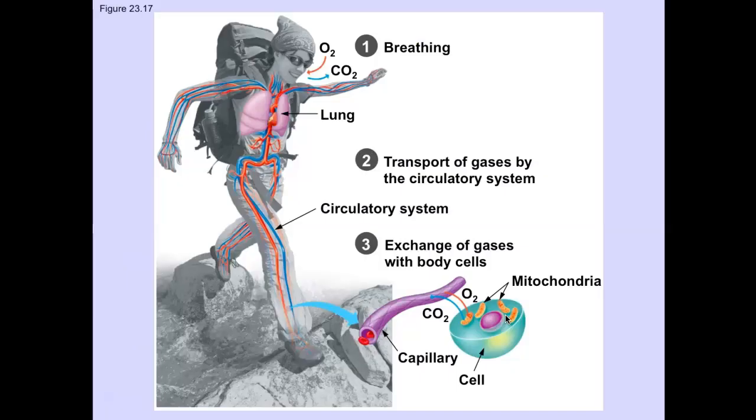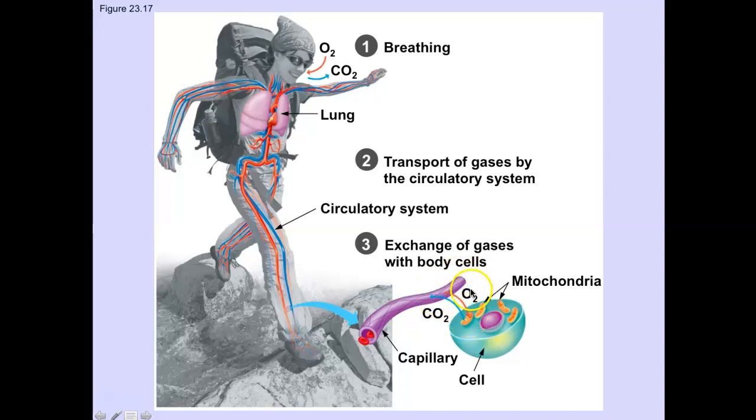Okay, so when we look at the human respiratory system, letter B, we kind of understand already that we have lungs to help us exchange gases or breathe in and out. We have a network of blood vessels that carry the gases into our body, and then we have diffusion taking place across our capillaries so that gases can go into a cell and away from the cell.